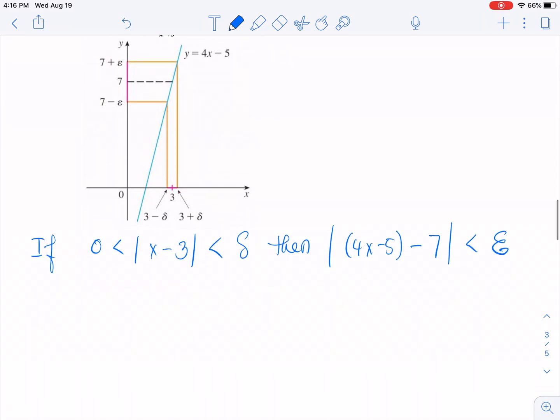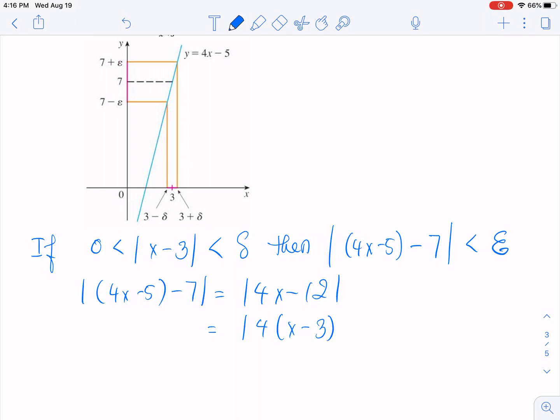All right, so we're going to do some work. We have to simplify it. So you're going to take 4x minus 5 minus 7. We simplify it. We end up with 4x minus 12. So if I factor out 4, I get 4 times (x minus 3).